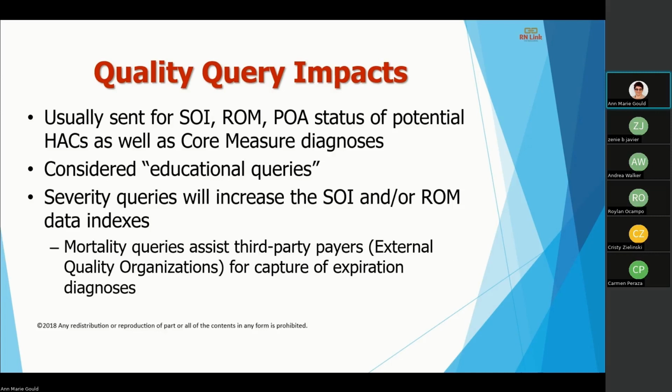So your mortality queries definitely assist the third-party payers. That's why your quality organizations look at your mortality reviews, to say, okay, should this patient have died in the hospital? That's like an 88-year-old lady who comes in from the nursing home with a UTI. All of a sudden she's dead.